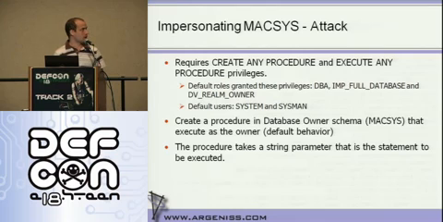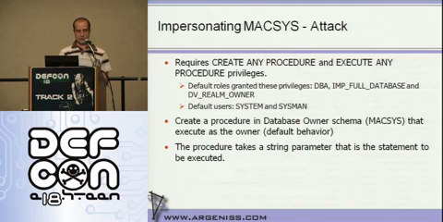Let's move now to the impersonating Maxis attack. This one requires create any procedure and execute any procedure privileges. So it basically has two steps. First one is to create a procedure in the Maxis schema, and then we just execute this procedure which we created.